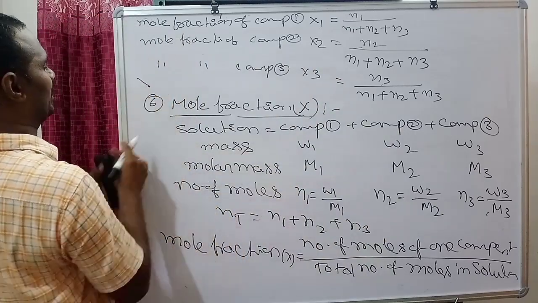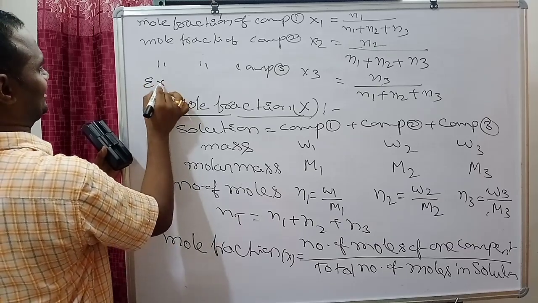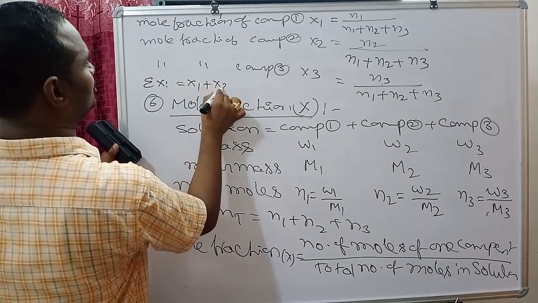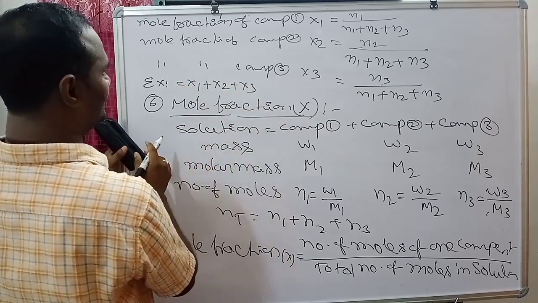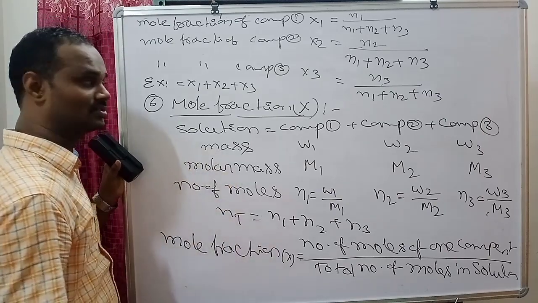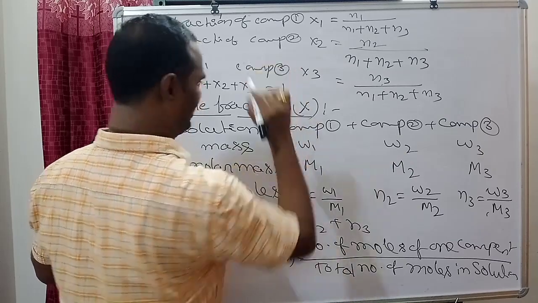Sum of the mole fractions is sigma of xi, equal to x1 plus x2 plus x3. The sum of the mole fractions of all components present in the solution must be equal to 1.